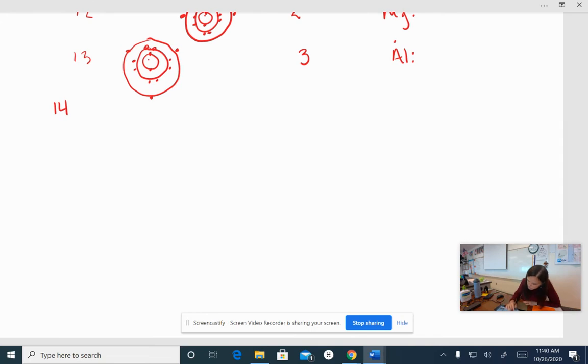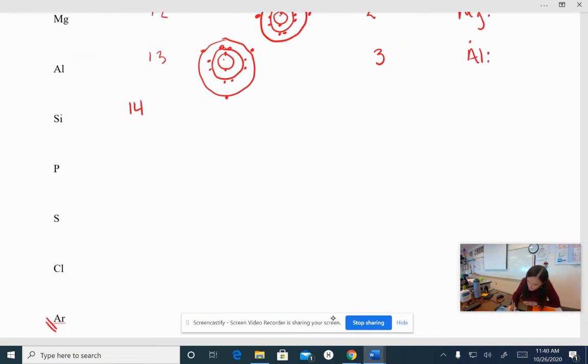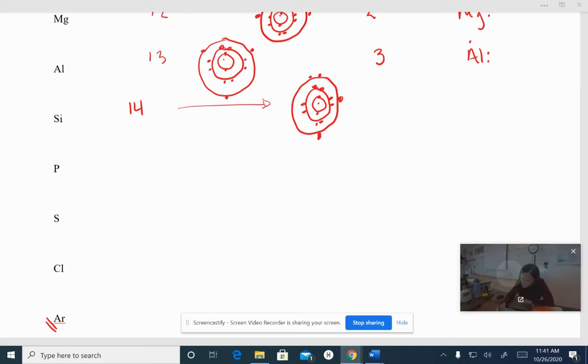I'm going to put silicon right here. 2 on the inner, 1, 2, 3, 4, 5, 6, 7, 8 on the second, and that will give me 4 on the third. So 4 valence electrons, just the outermost electrons. So for silicon, I'm going to have 4 dots.